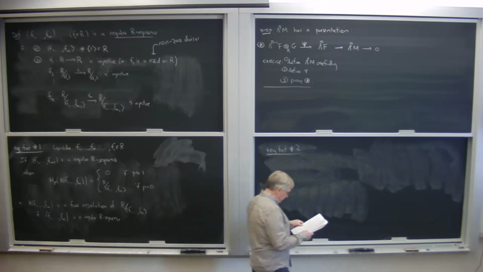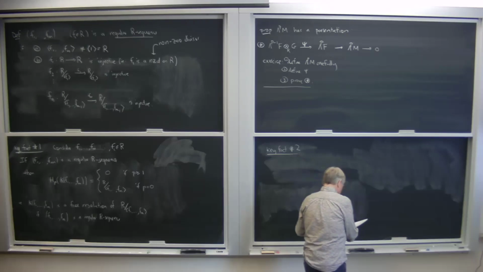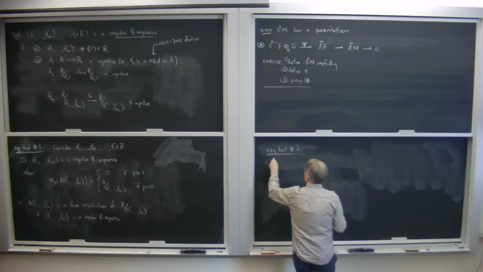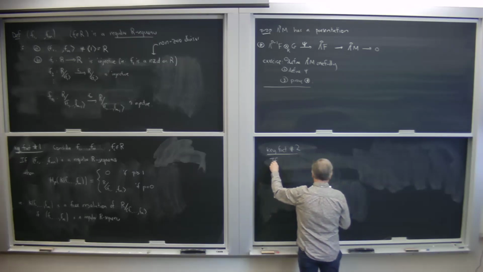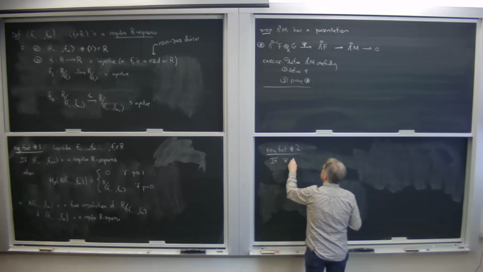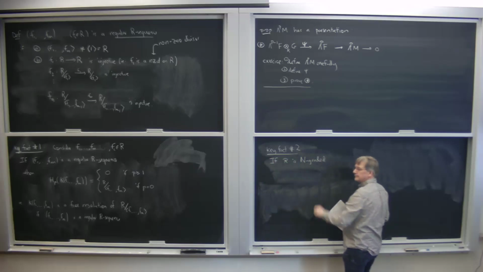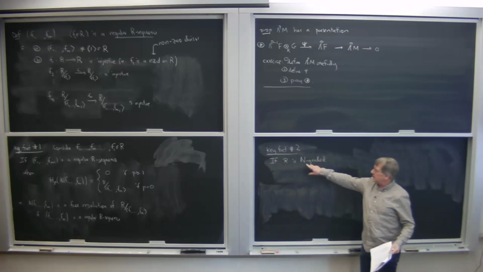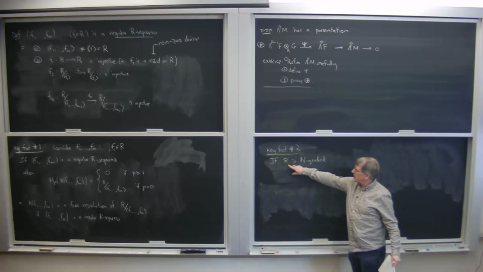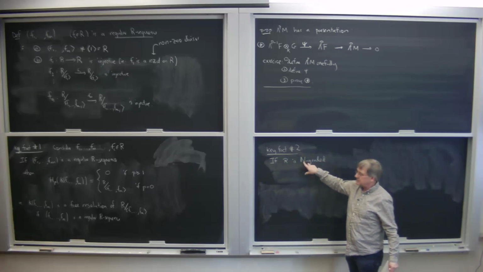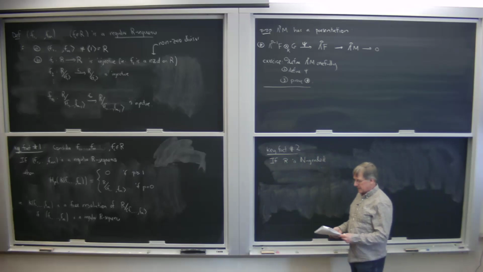This one is the following. I'm just going to do it in the graded case. So if R is N-graded, not Z-graded. That means every element in R is in the direct sum that starts at 0 and goes on up, no negative degree things.